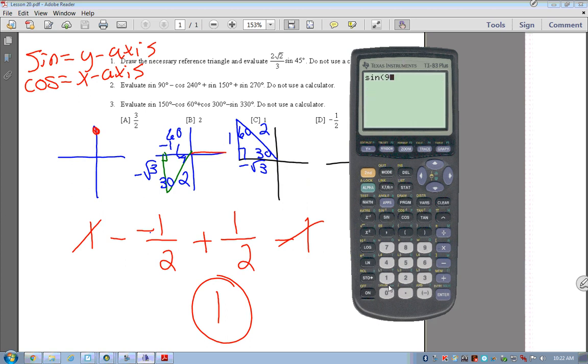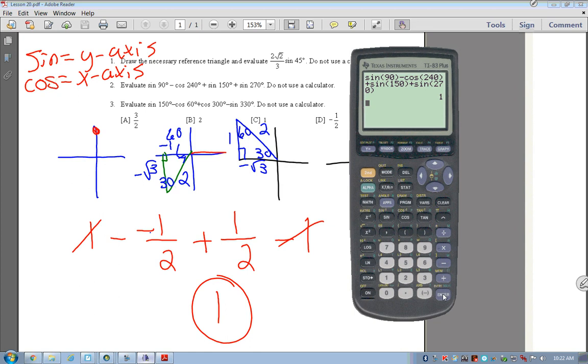Sine 90 minus cosine 240 plus sine 150 plus sine 270. Do I get 1? Yes, I do. So my calculator can check it, but a calculator should not be my work.